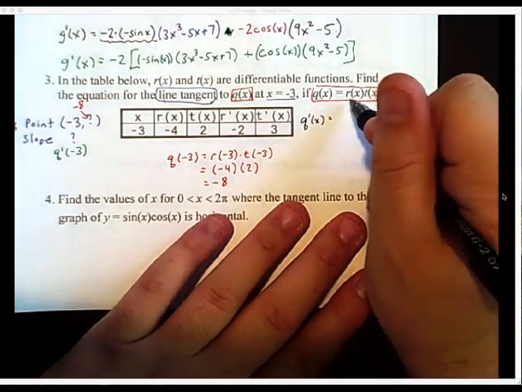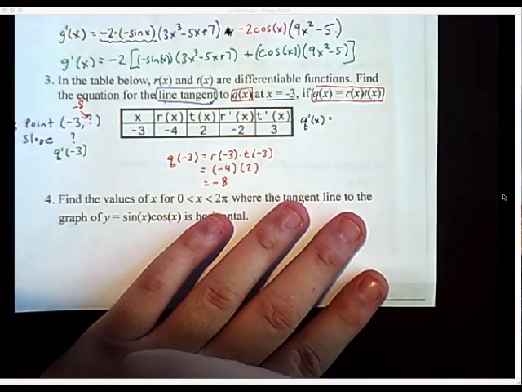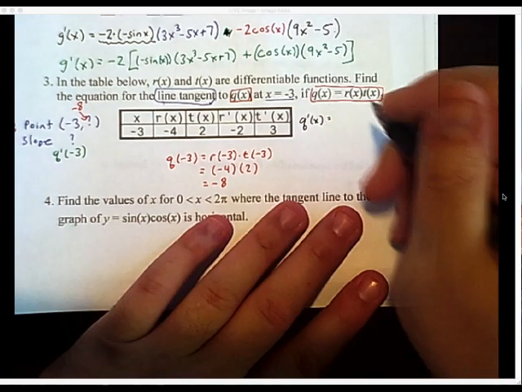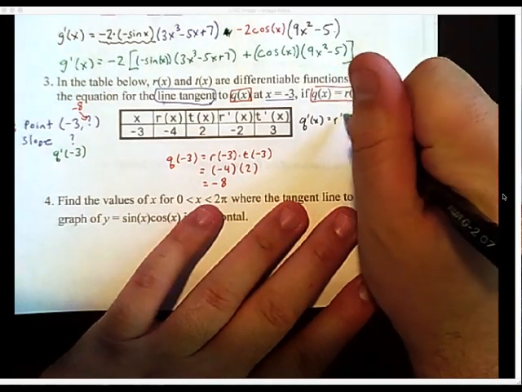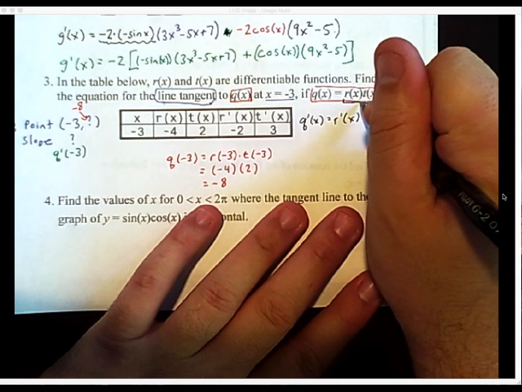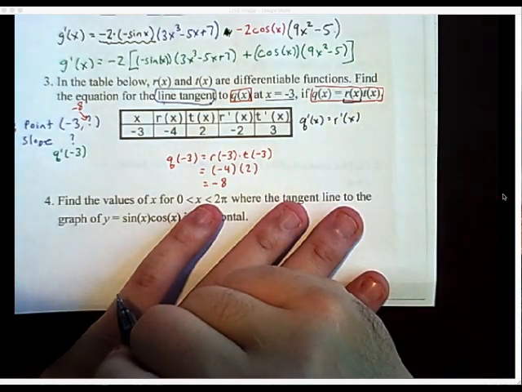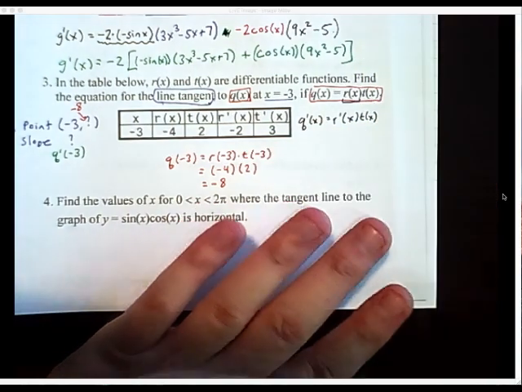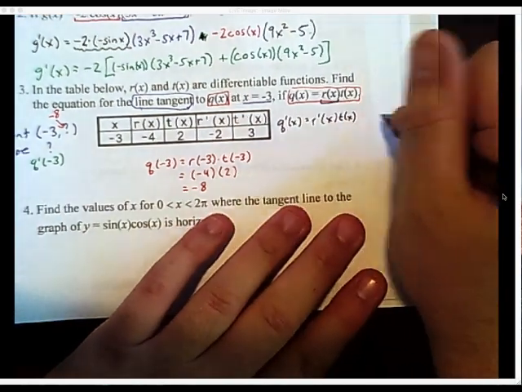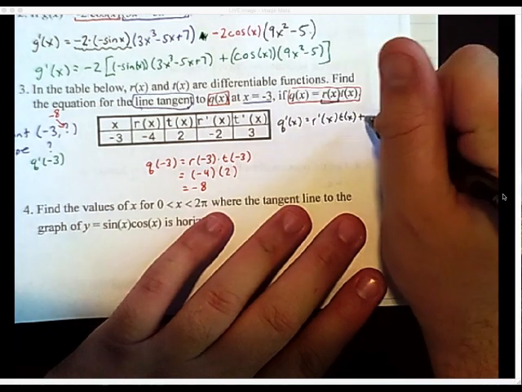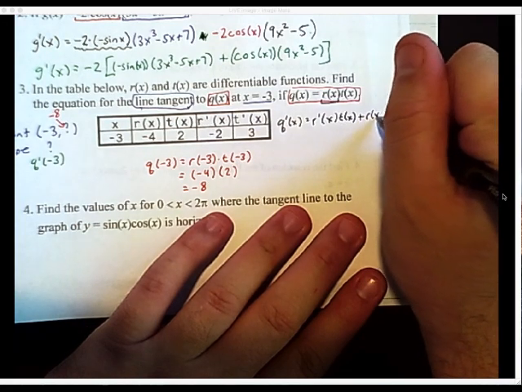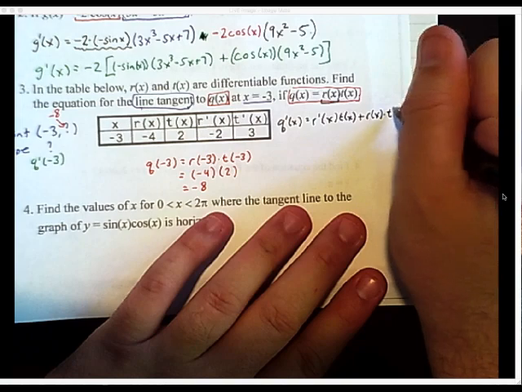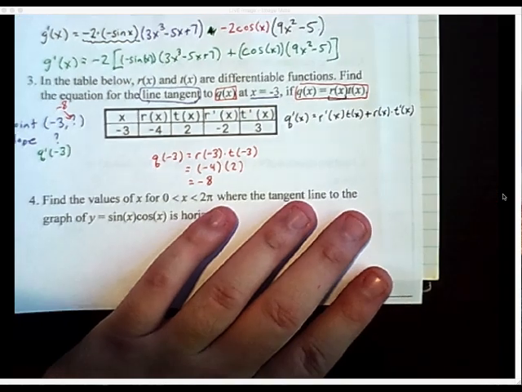What do you notice about q of x? q of x is a product, so I have to use the product rule. I would take the derivative of the first term. The first term is r of x, so its derivative is r prime of x, times the second term, which is t of x, always a plus, the first, r of x, times the derivative of the second, so t prime of x.